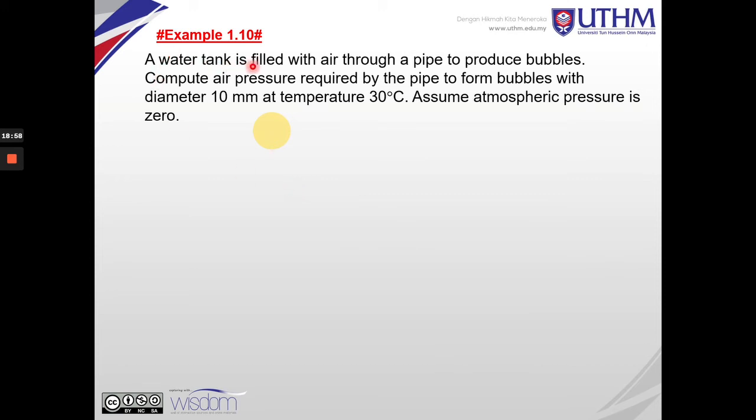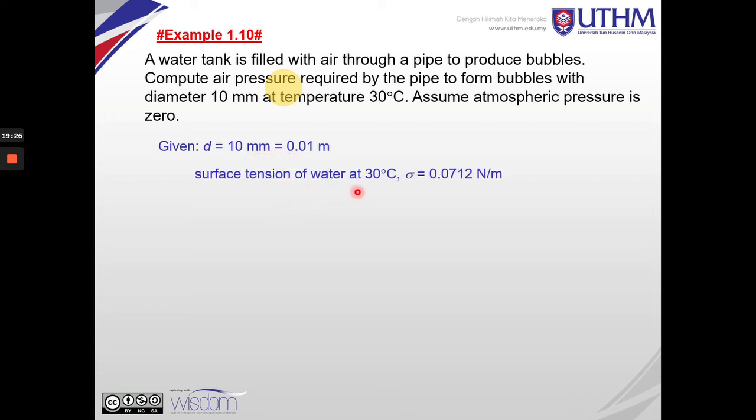A water tank is filled with air through a pipe to produce bubbles. Compute the air pressure required by the pipe to form bubbles with diameter 10 mm at a temperature of 30 degrees Celsius. Assume atmospheric pressure is 0. Given D is 10 mm, equal to 0.01 meter.